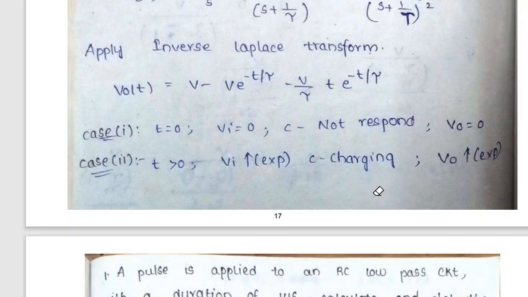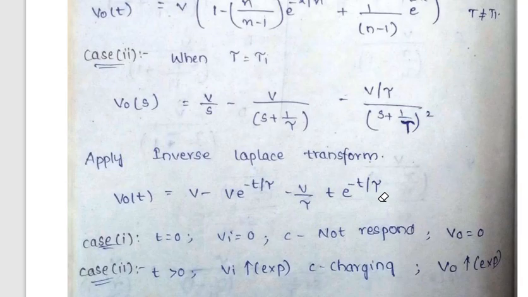Therefore, when tau is equal to tau 1, directly we can apply the inverse Laplace transform to the given expression. Therefore, we can get this value. In this way, we calculated the expression for low pass RC circuit for exponential input signal.